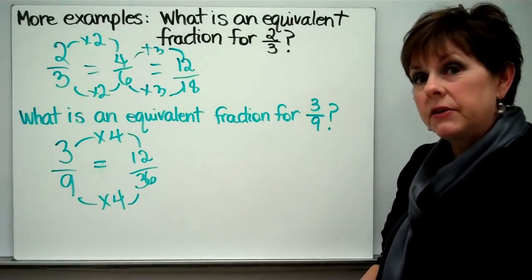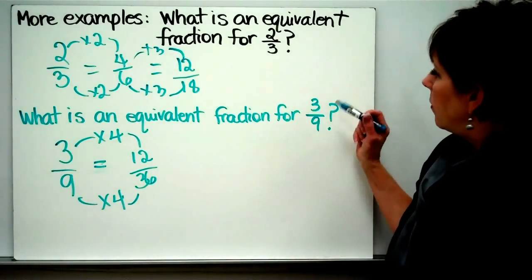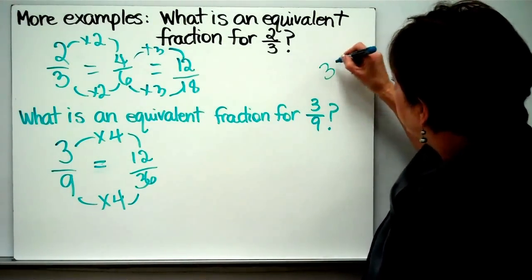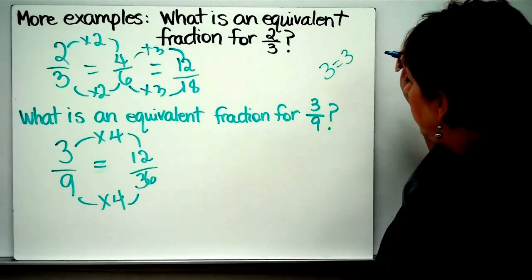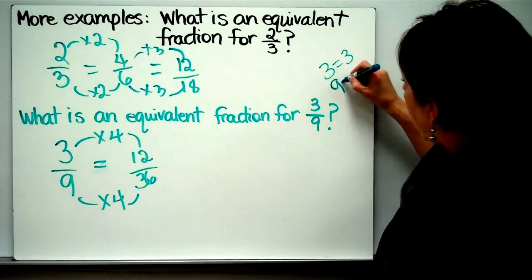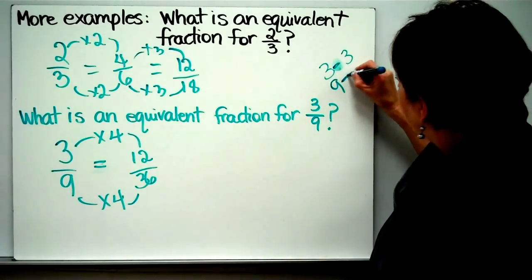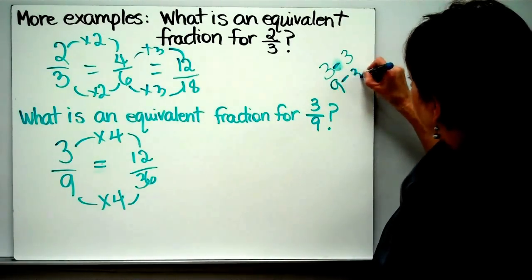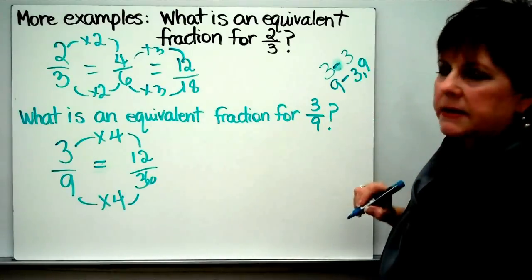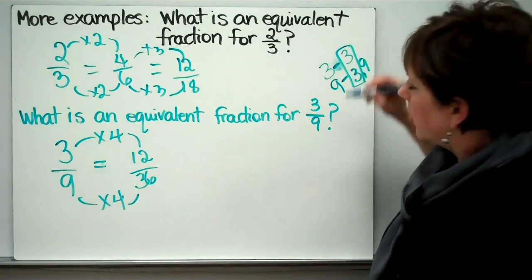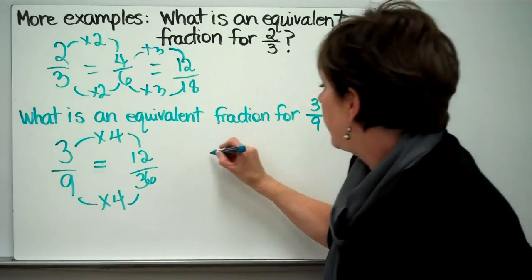Could I divide to do this? Let's see. What do these numbers have in common? I can divide 3 by 3, and I can divide 9 by 3. What number do they have in common? 3. So could I divide?